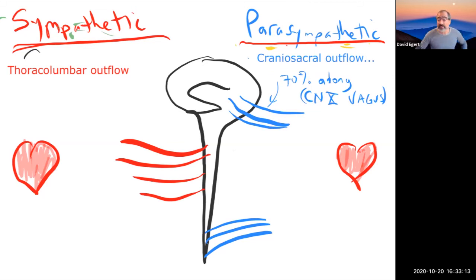This has implications for spinal cord injuries as well, right? If you have some spinal cord injury that cuts off, at the top of the thoracic region, you are going to be just fine for most of your parasympathetic innervation, because the majority of it is coming from the cranial nerve, which is not being affected at all.